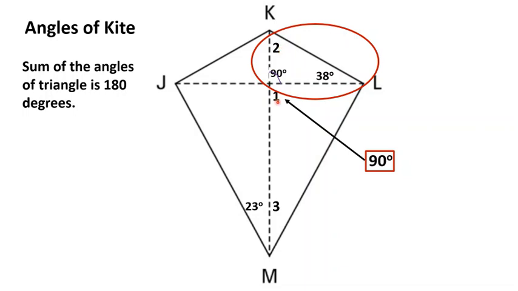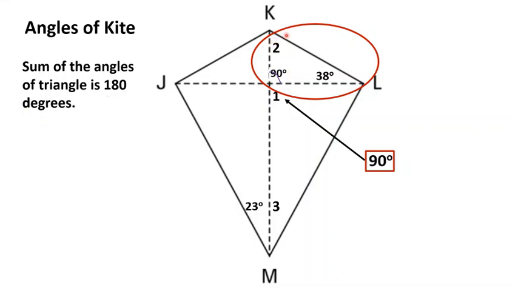So what we're going to do here is add 90 plus 38 and then subtract it from 180. You try that. Again, 90 plus 38, then subtract that from 180 degrees. Try to pause the video first so that you will be able to solve it.